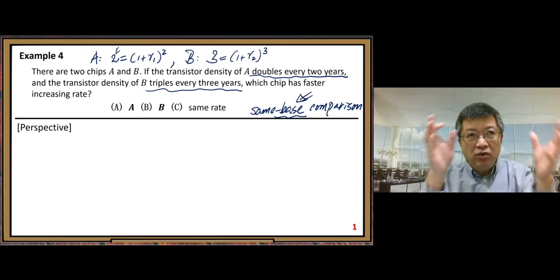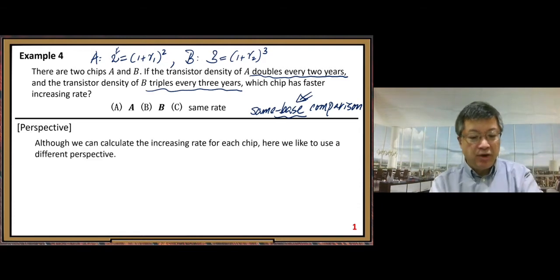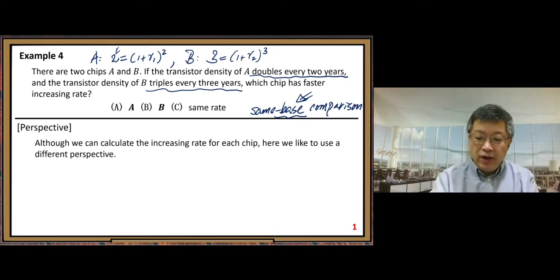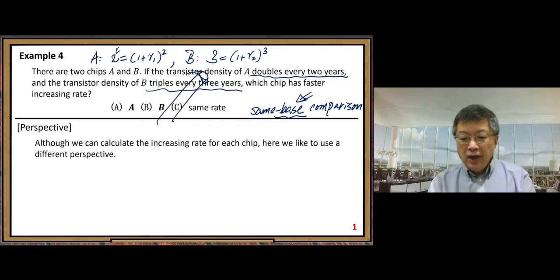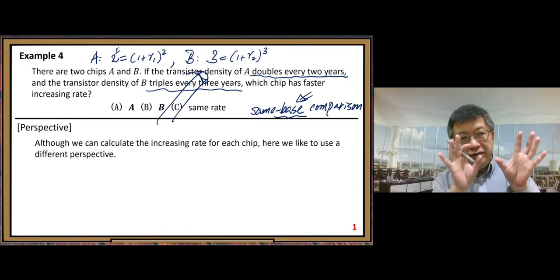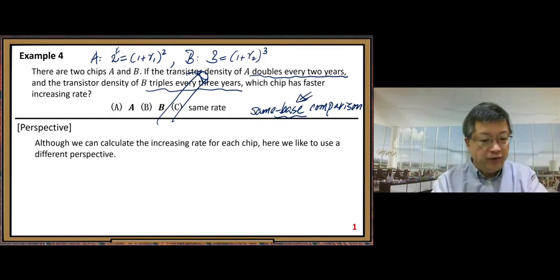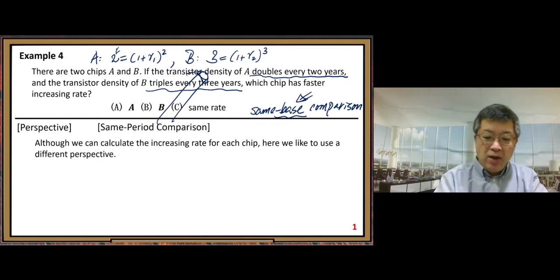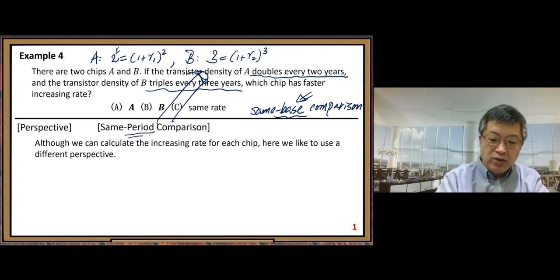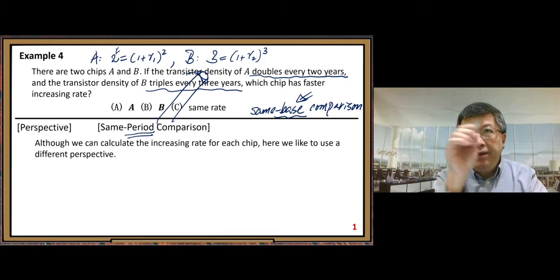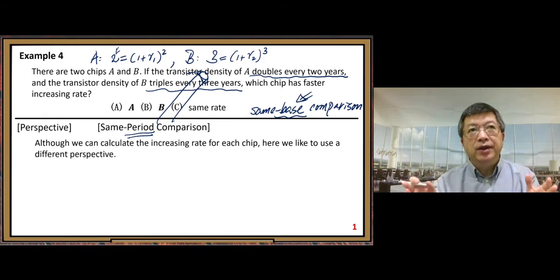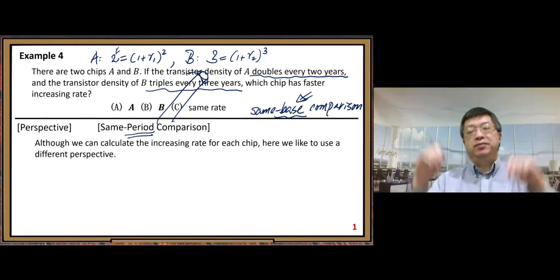So here we will see what the base is. Although we can calculate the increase rate of each chip this way, I want to use a different perspective. Here, our base is the time period: same period comparison.